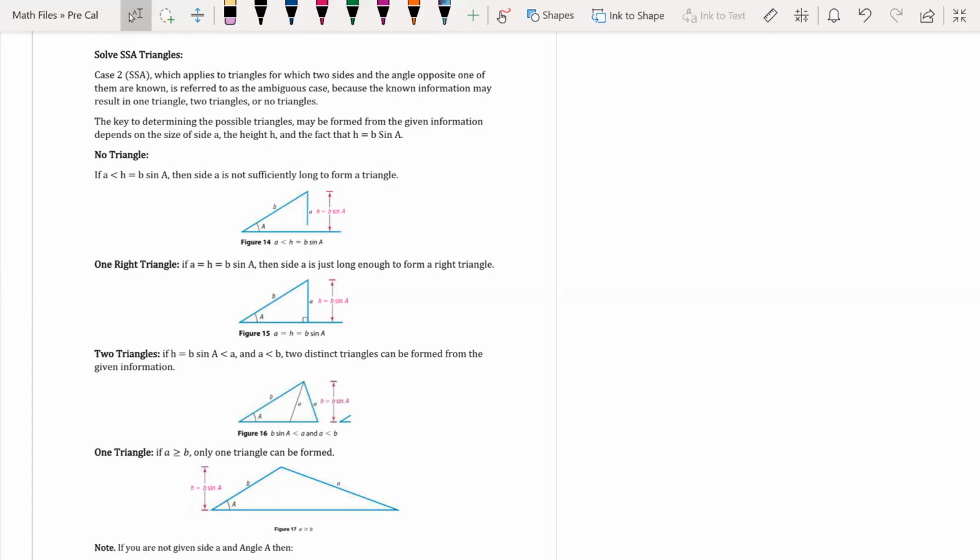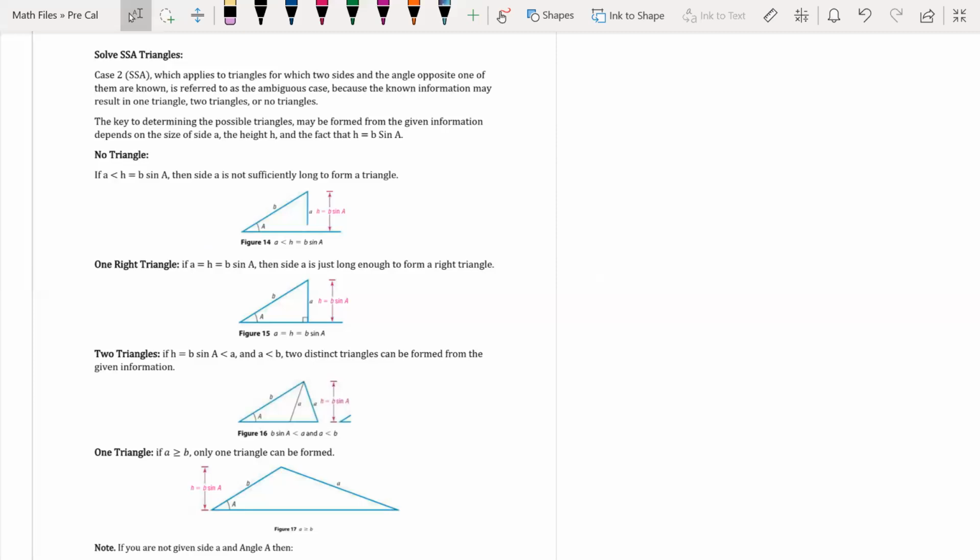So for the ambiguous cases, here are 4 subcases to determine what type of triangle you have. You'll have no triangle if side A is less than the height. This means that we do not have enough length to form a triangle. You'll have one triangle if side A is equal to the height of the triangle.